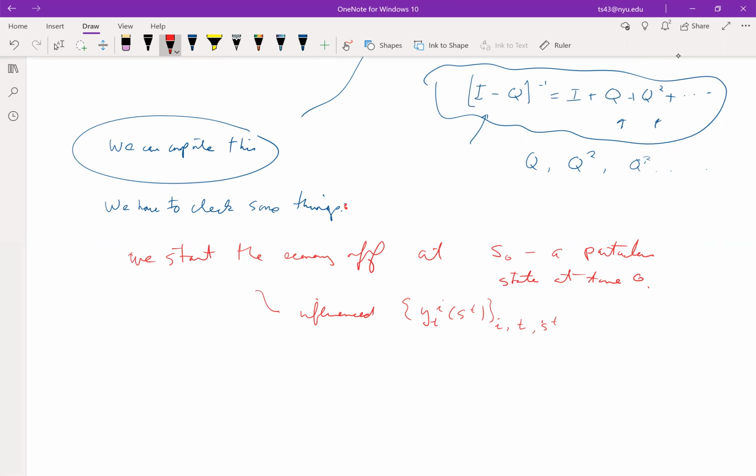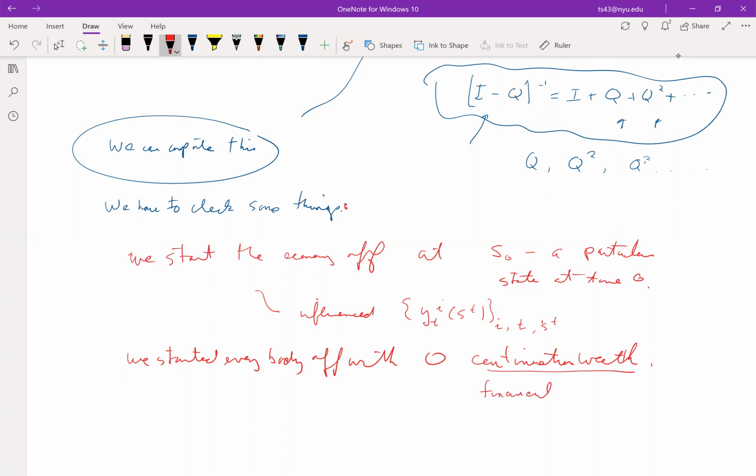And then we also started everybody off with 0 continuation wealth, which sometimes people call financial wealth. Milton Friedman would have called it financial wealth.